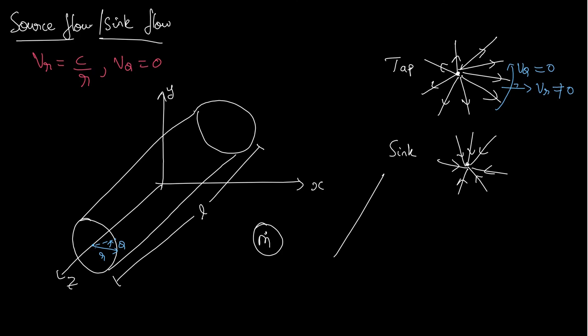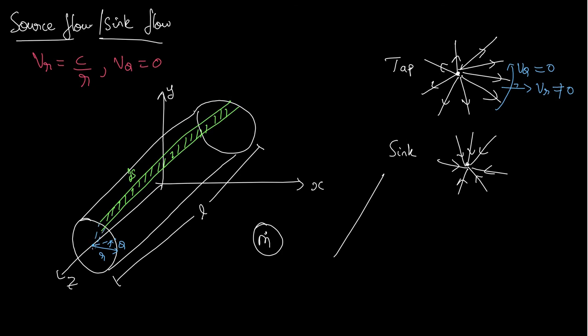For that we have to do integration. I'll consider a small element, ds element. I'll find the mass flow rate out of this ds element, and integrate it over the entire scenario, theta equals 0 to 2 pi, and then I'll get the entire mass flow rate.